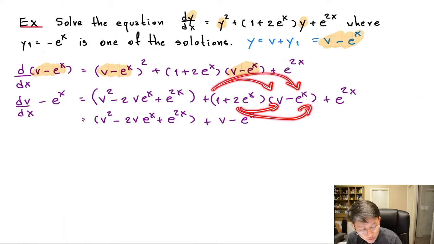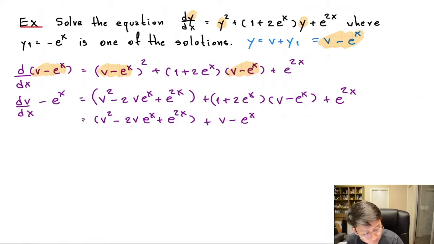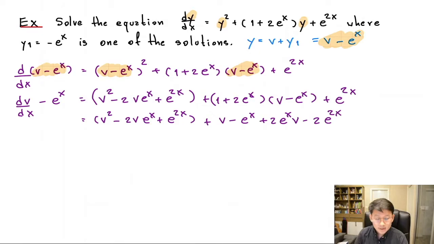This is 1 and 2, so we need 3 and 4, which is 2e to the x v minus 2e to the 2x, and then we have plus e to the 2x. So this e to the 2x minus e to the 2x, they cancel out.